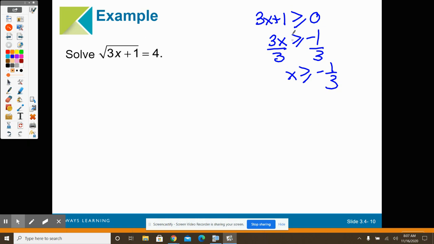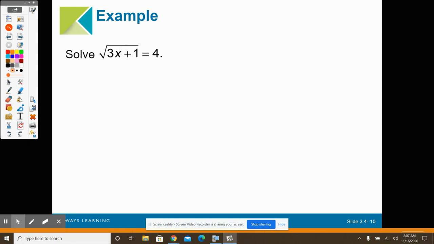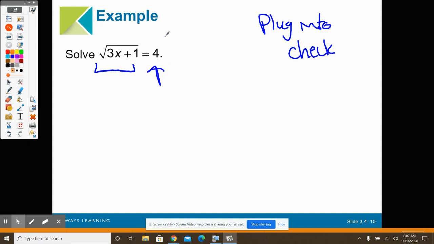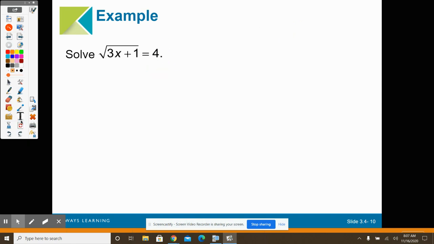Actually, I don't know if the domain restrictions work out all the time. These, I think, will be easier if we just plug them in to check. And just be careful that the square root doesn't say that it equals a negative number, because that's going to be a big indicator that there will be an extraneous solution.